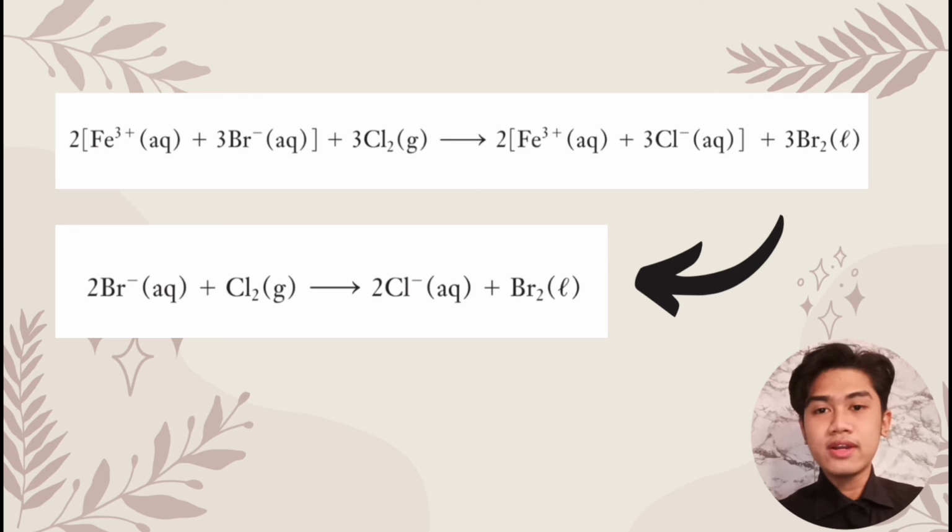The spectator ions, Fe3+, do not participate in electron transfer. Their cancellation allows us to focus on the oxidizing agent, Cl2, and the reducing agent, Br2.